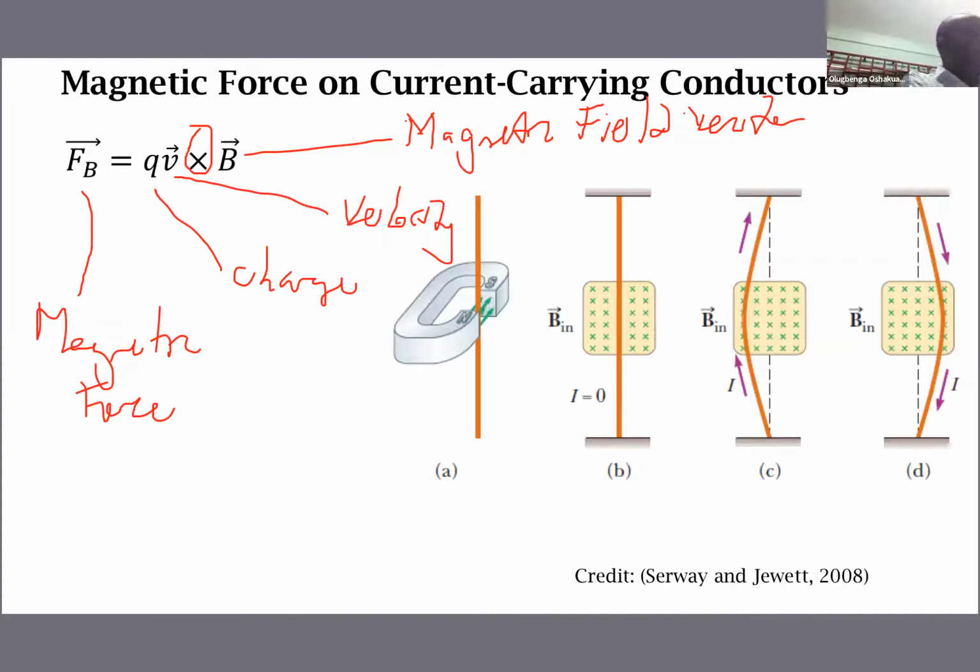So these are several scenarios. Now we have a current carrying conductor in the presence of a magnetic field.